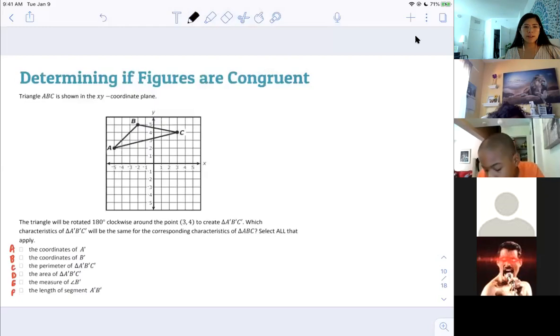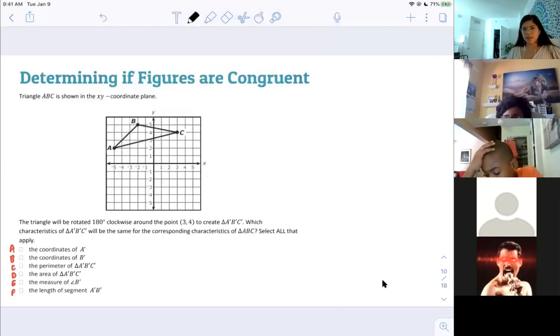Ten seconds remaining. 5, 4, 3, 2, and 1. All right, I had 2 people who didn't vote.